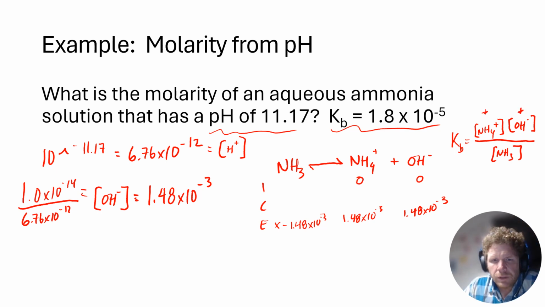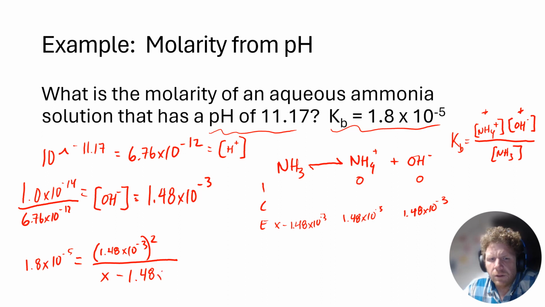So I'm going to say 1.8 times 10 to the negative fifth is equal to 1.48 times 10 to the negative third squared over x minus 1.48 times 10 to the negative third. Okay, so now I need to solve for this x.